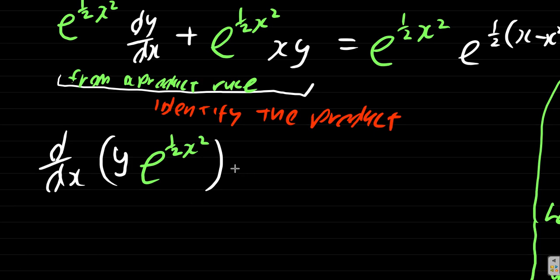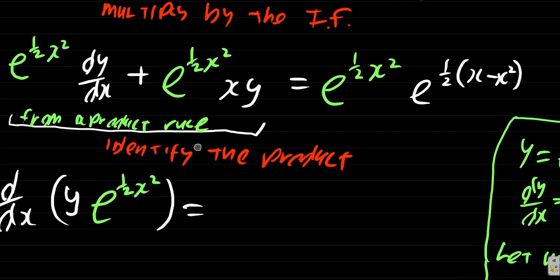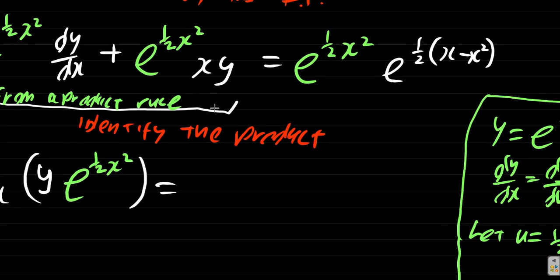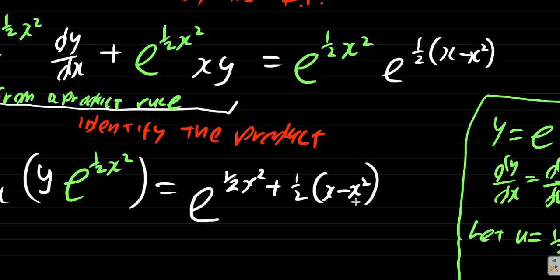We're going to work out what is on the right hand side. We simplify what is over here. We have e to a power times e to another power. We're going to add the powers. Remember your laws of indices. So it's e to the half x squared plus half x minus x squared.